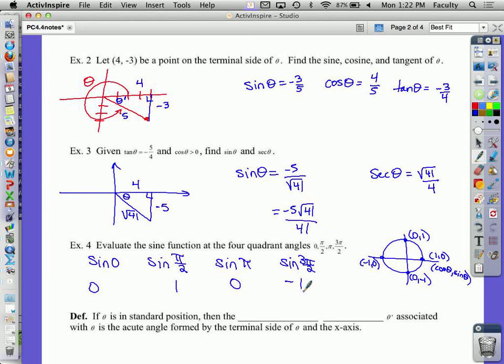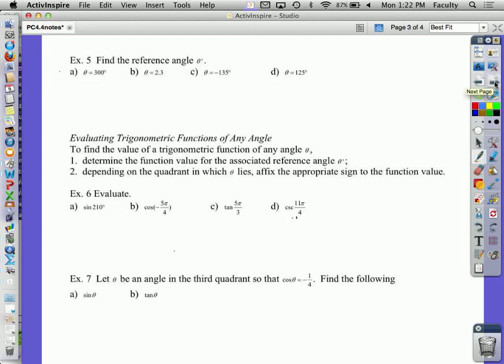All right, if theta is in standard position, then the reference angle theta prime, and remember that's how we say it, theta prime, associated with theta is the acute angle formed by the terminal side of theta and the x-axis. So we did this last year, so hopefully this will be a little bit clearer.